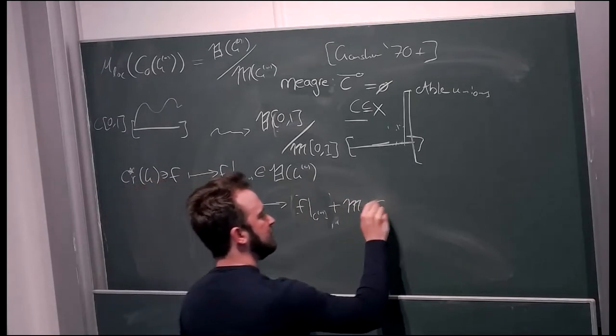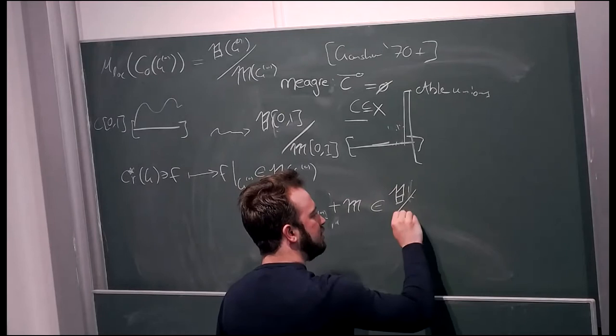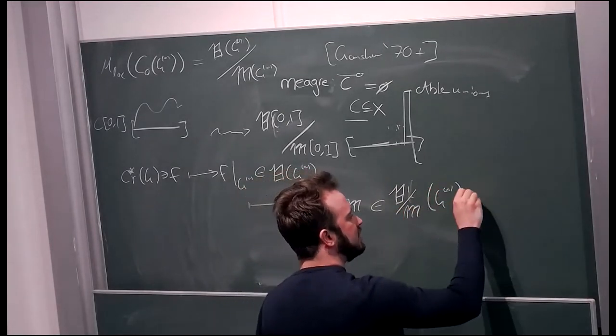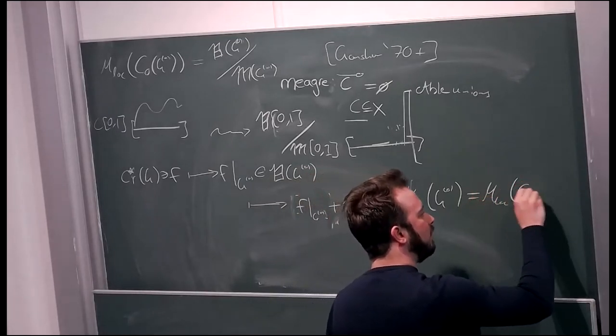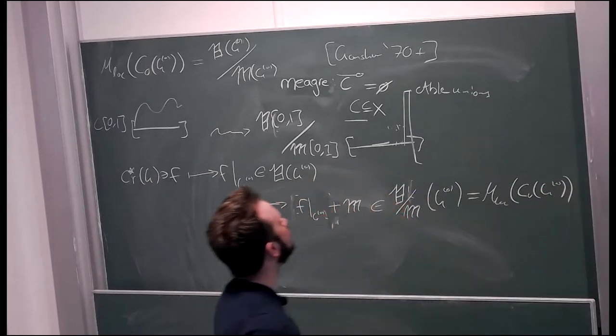And this all of a sudden sits in Borel mod meager of G0, which is exactly the local multiplier algebra of this thing by Gonshaw's theorems.